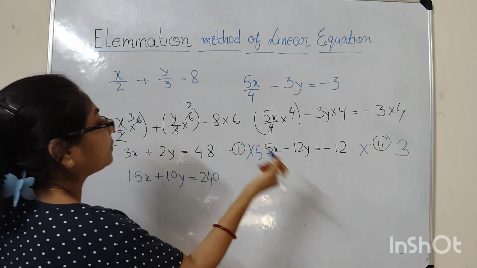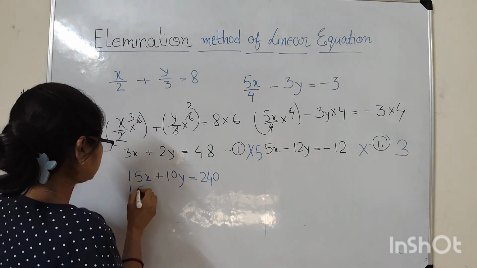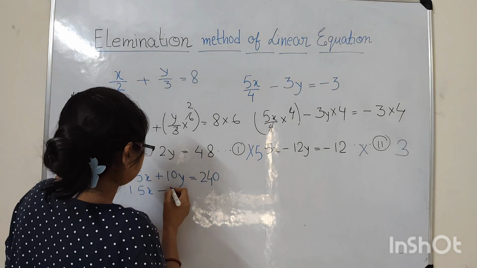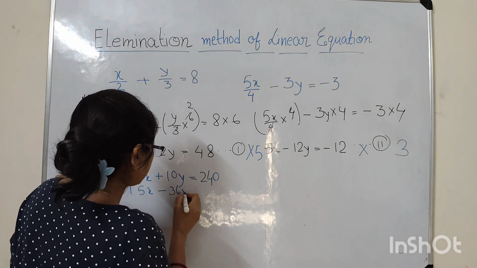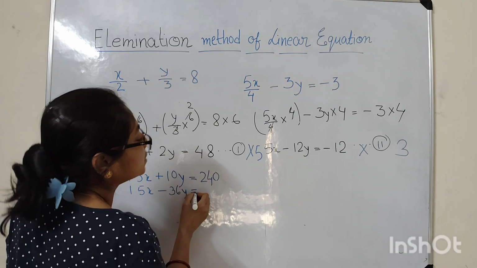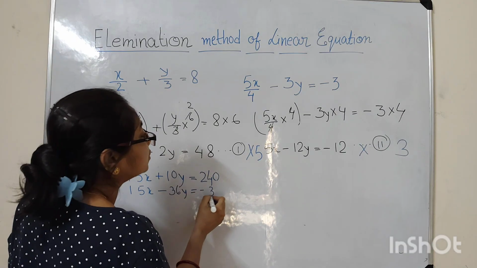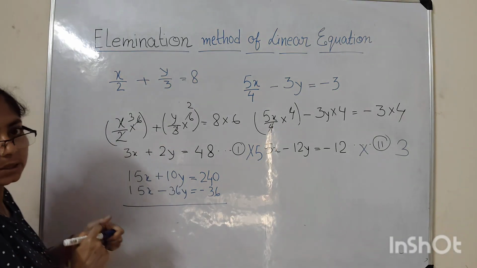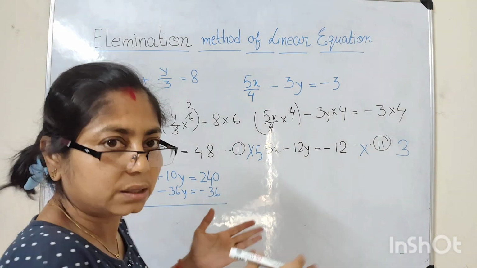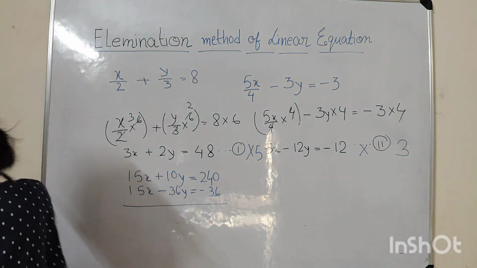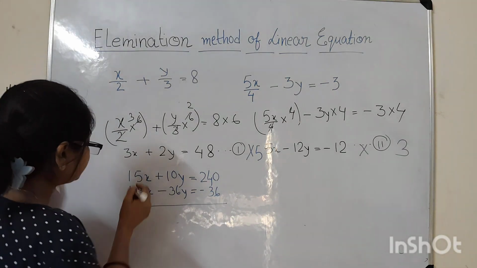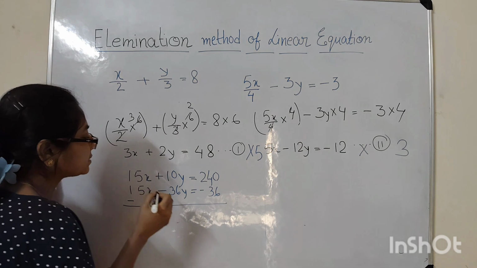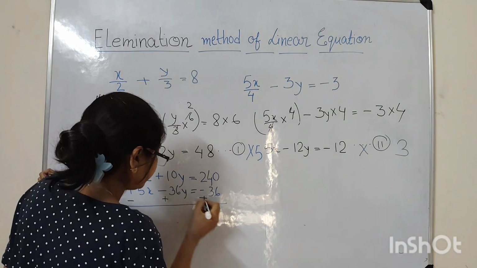Next one is multiplied by 3. It is 15x minus 36y equals minus 36. Now what I am telling? If it is normally cancelled, no problem. If it is not cancelled, change the sign. Plus becomes minus, minus becomes plus.